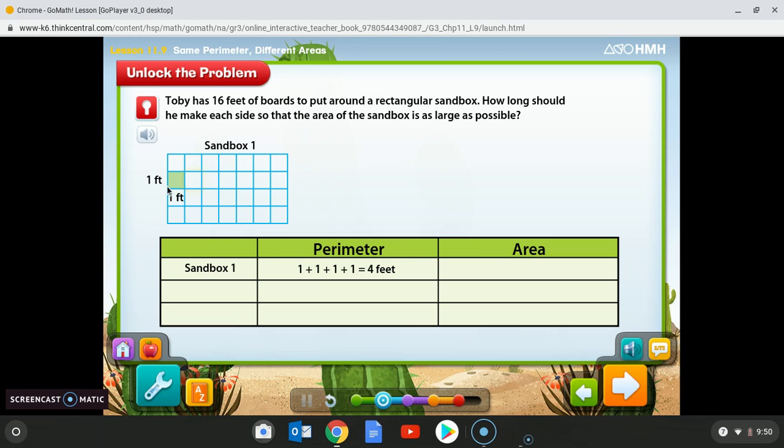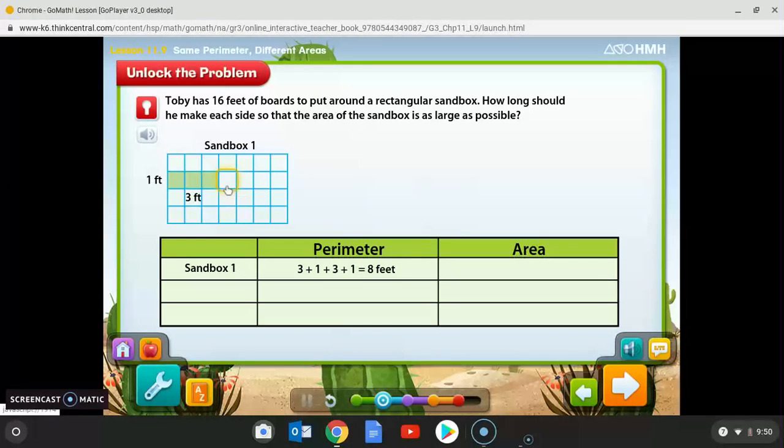Why? Because we have 1 plus 1 plus 1 plus 1. When we bring it up to 2, that means we have a perimeter of 6. Why? Because 1 plus 1 is 2, then 2 plus 2 is 4, and 2 plus 4 is 6. If we keep going, we're going to eventually figure out how to get 16 feet.